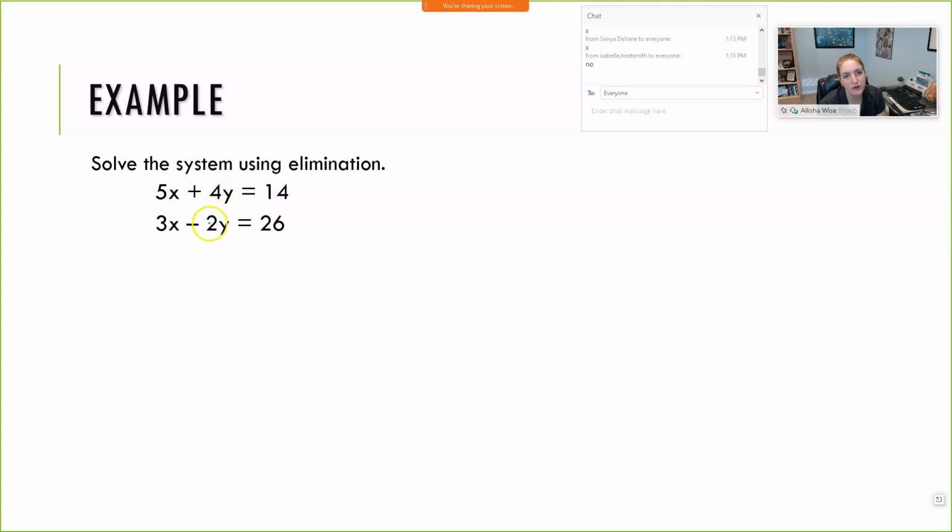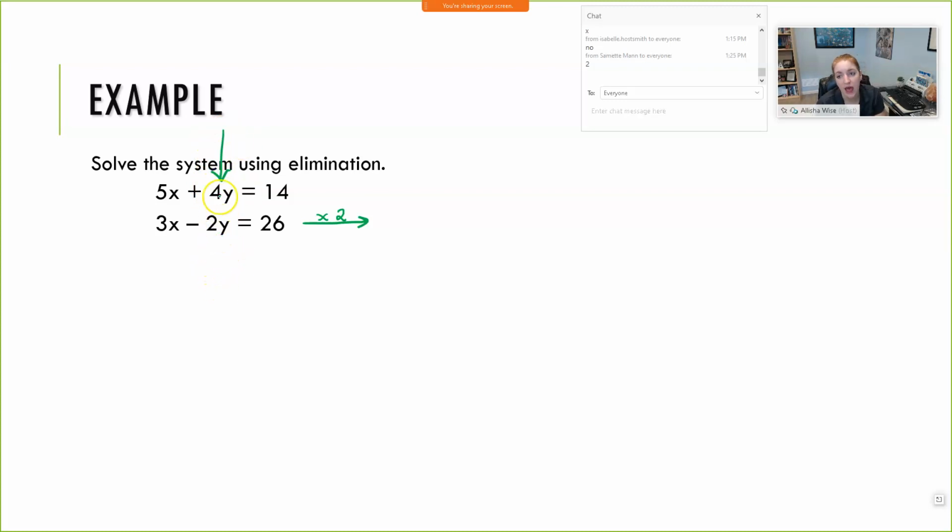So how about 2 and 4? Can I multiply 2 by something to get 4? Two times what is going to give me 4? I can go ahead and multiply it by 2. Yep. So what I want to do is eliminate these y variables.